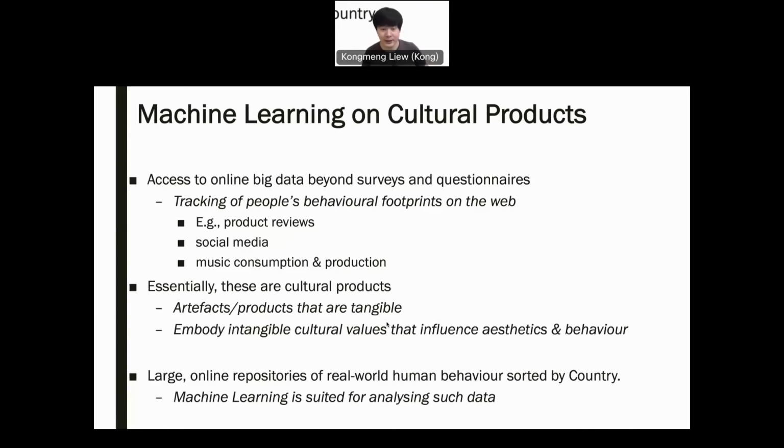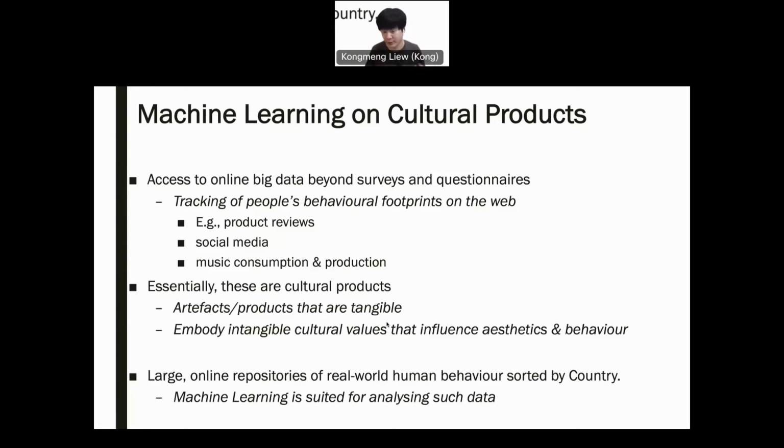Like I mentioned earlier in the previous study, World Values Surveys are survey data, and questionnaires and surveys are the bread and butter of us cultural psychologists. But if you look beyond these kinds of survey data, at web footprints and cultural products, there is a lot of sensed behavior, a lot of interactions that are left online.